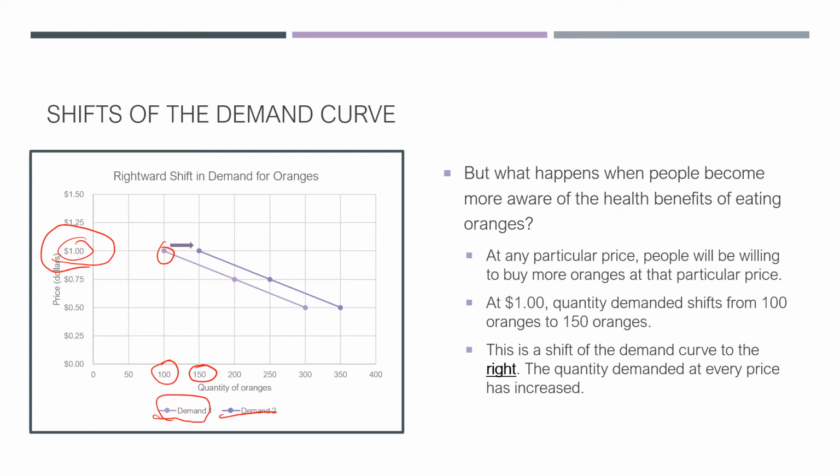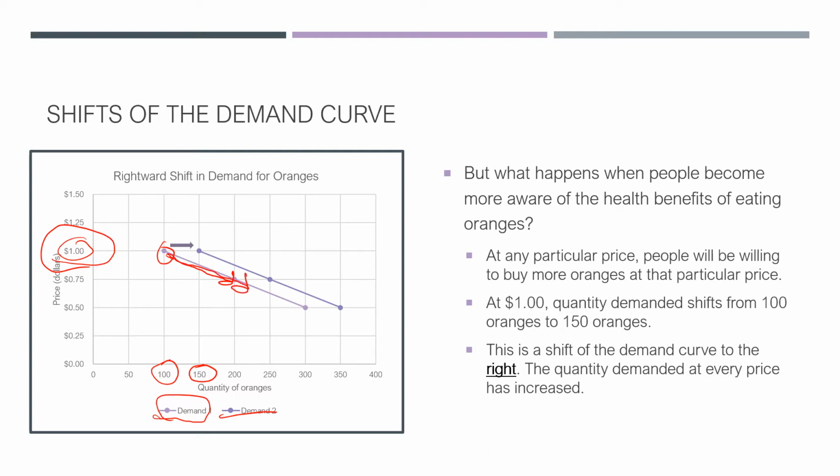While the effect of a price change was illustrated by sliding a pencil along the existing demand curve, so if we have a change in price, we just slide along our current demand curve. The effect of a change in taste is illustrated by picking up our pencil and drawing a new line. So if the change is $1 to 75 cents, we move along the demand curve.